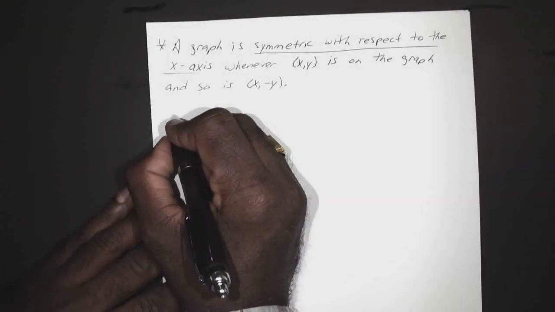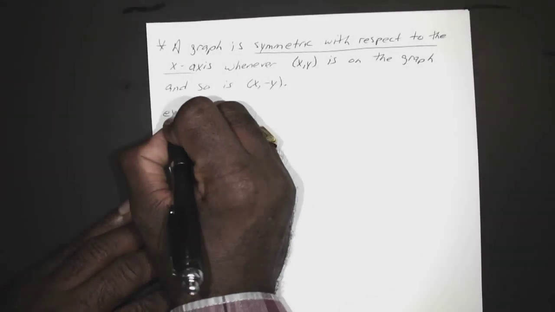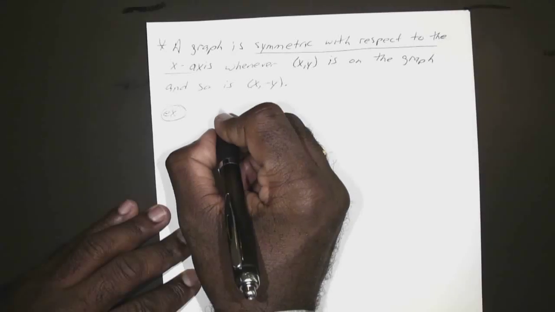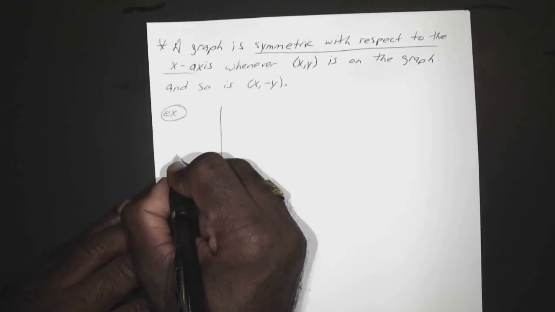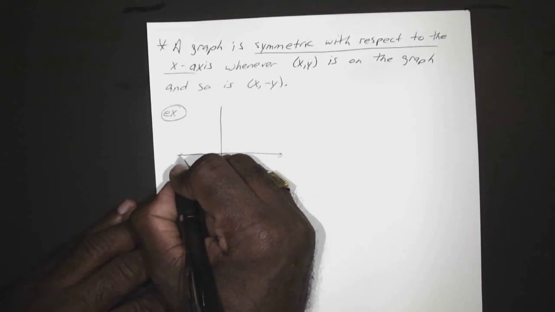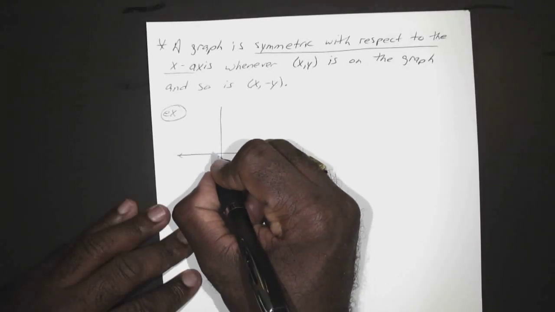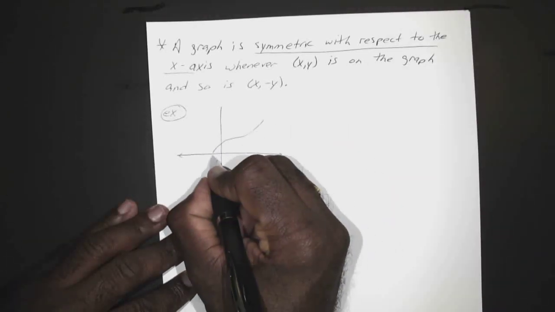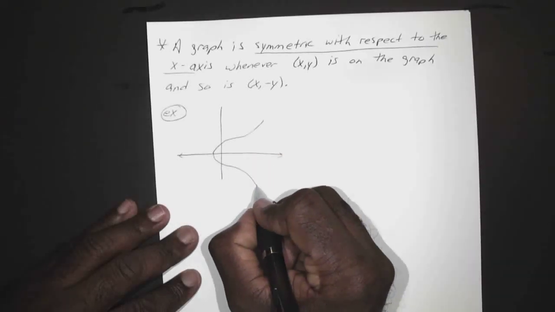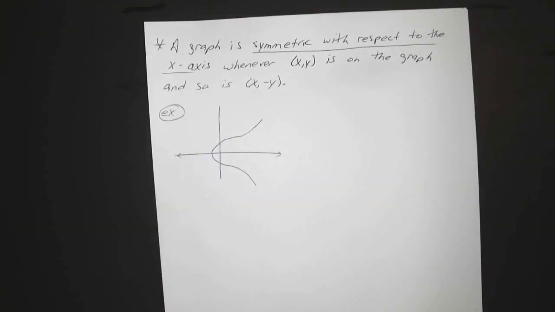Okay, so let's say, for example, you have a graph that looks like this, kind of like a sideways bell.